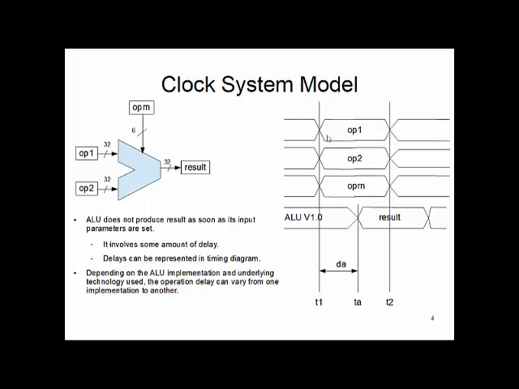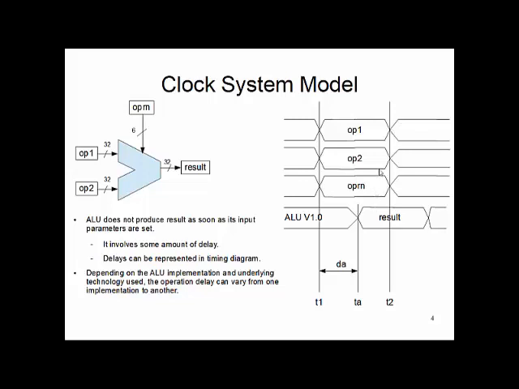Okay, so these vertical lines are the timeline, and we represent the changes of multi-bit signals like buses. We call a bunch of signals a bus. So this 32-bit value change is represented in this fashion in a timing diagram.